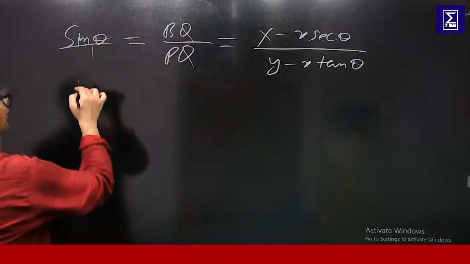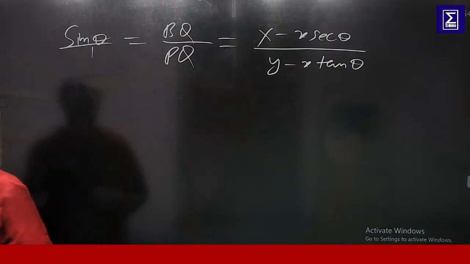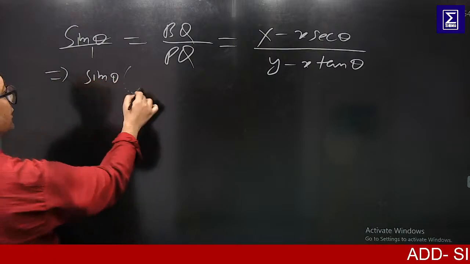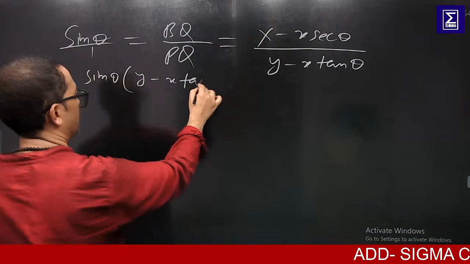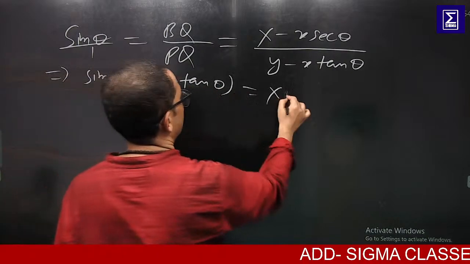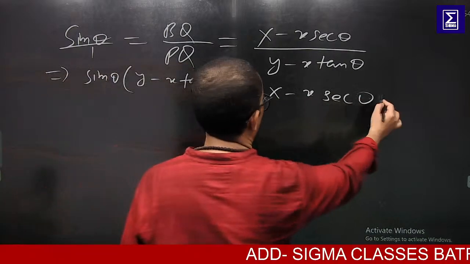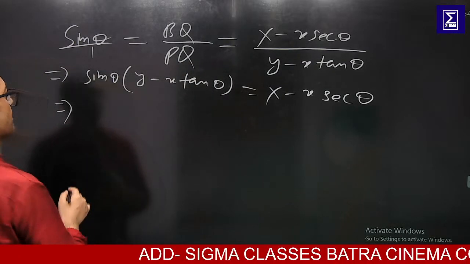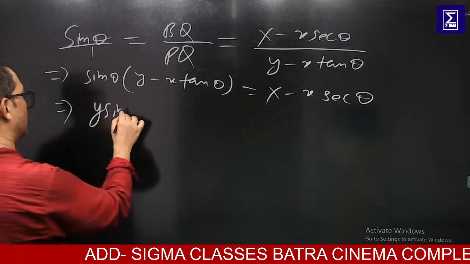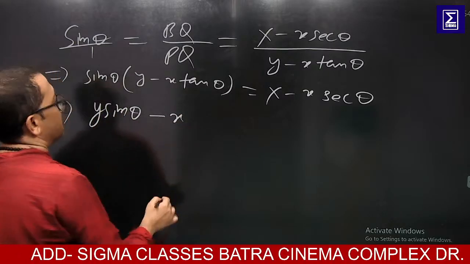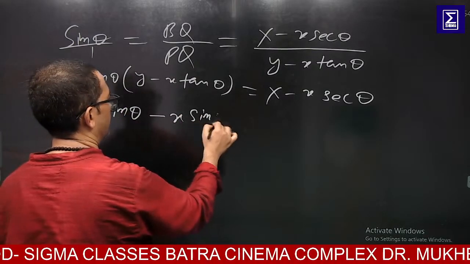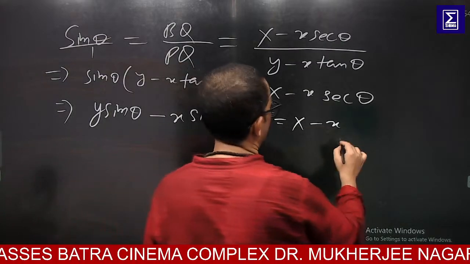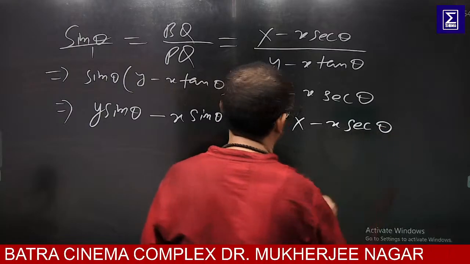Now if we do the cross multiplication, what will happen? Sin theta times y minus x tan theta is equal to x minus x secant theta, and here if you remove the bracket, so y sin theta minus x sin theta tan theta is equal to x minus x secant theta.